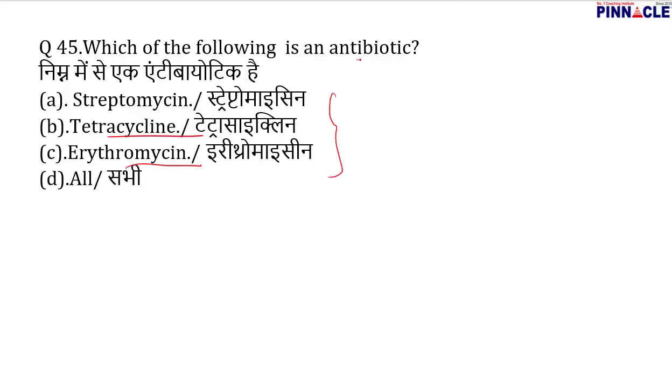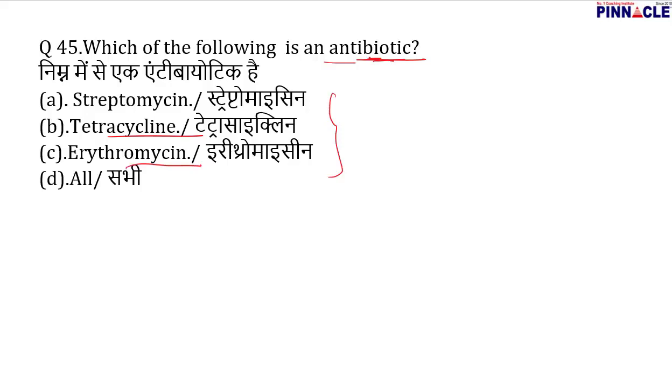So you can remember that biotic is there, and B for bacteria also. Antibiotic means those medicines that treat infections or diseases caused by bacteria. They either kill or slow the growth of bacteria, and therefore it helps in protecting ourselves. So for question number 45, all is the correct option.